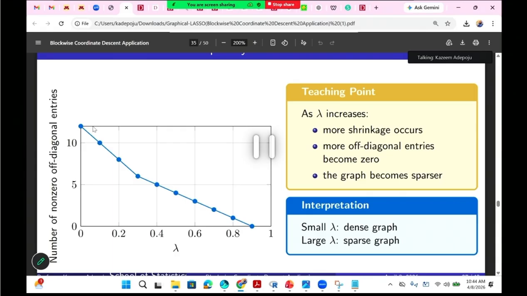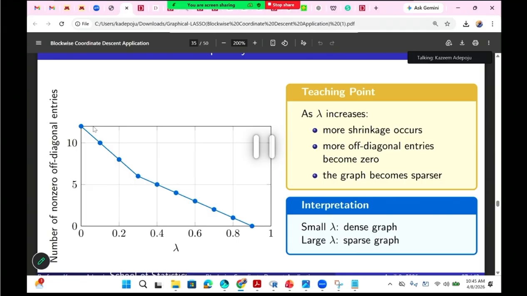Maybe we want our network to be sparse and intentionally use a large lambda. When you intentionally use a large lambda, there's a possibility you could eliminate direct relationships.